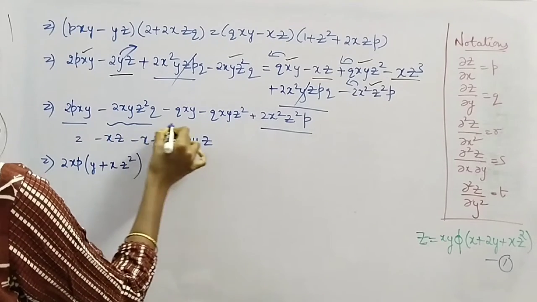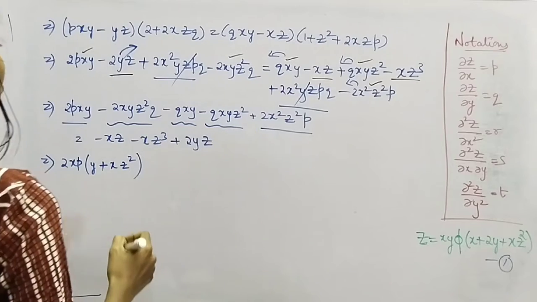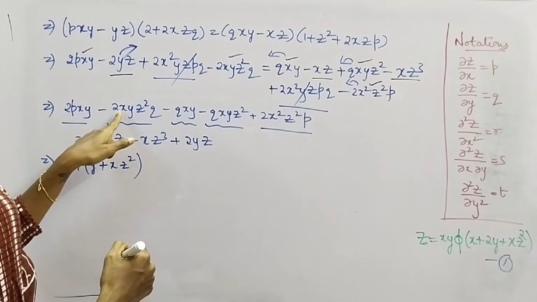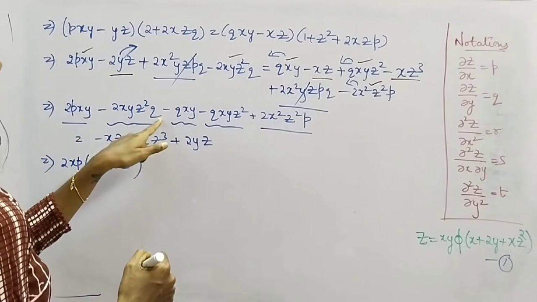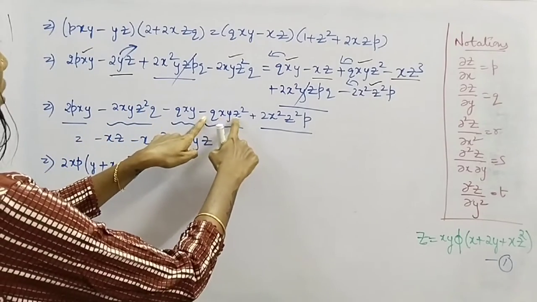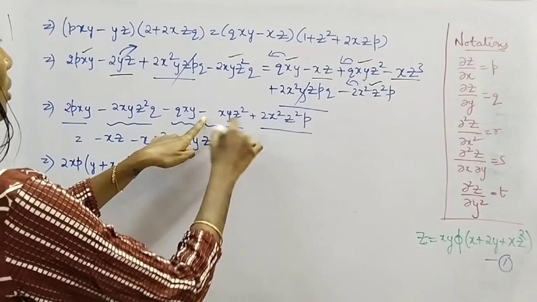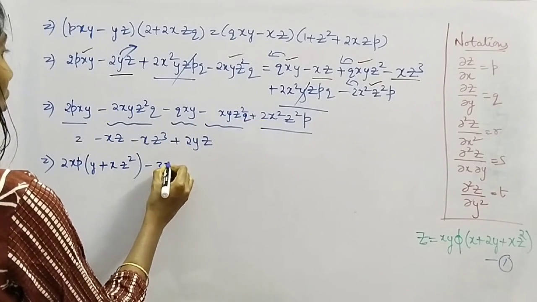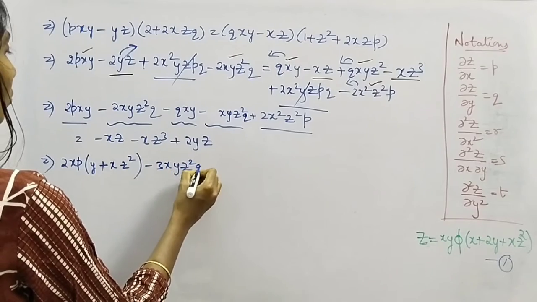Now take, this 2 gives minus 2xyz square q and minus xyz square q gives minus 3xyz square q, right?